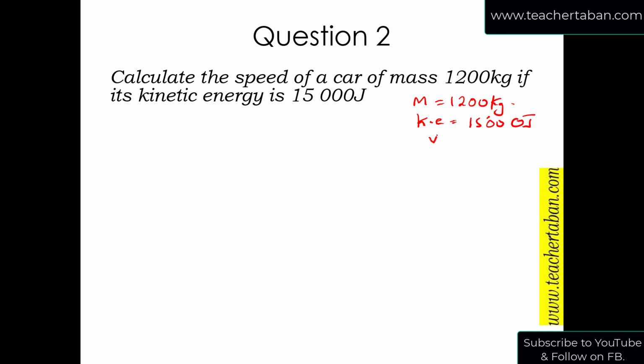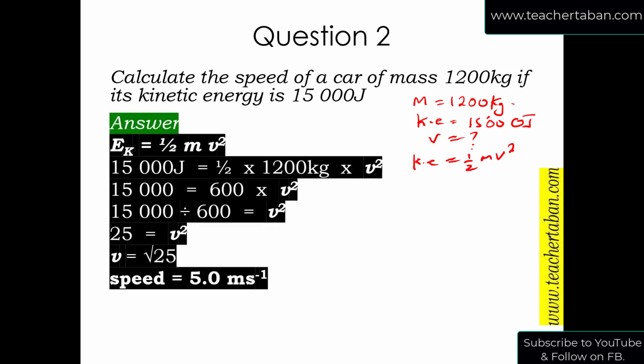We are to calculate the speed v. Remember that kinetic energy is given by a half mv squared. When you substitute into that, what you need to get is the v. So substitute the kinetic energy and the mass, and then get your v as shown here. The final speed v of the car is 5 meters per second.